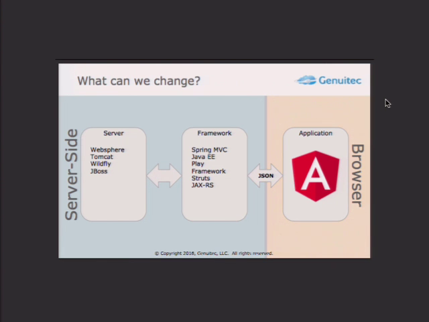For example, Angular brings us, by default, the ability to easily add asynchronous calls. So basically, you can load the application and then wait for responses from the server and apply changes without refreshing.